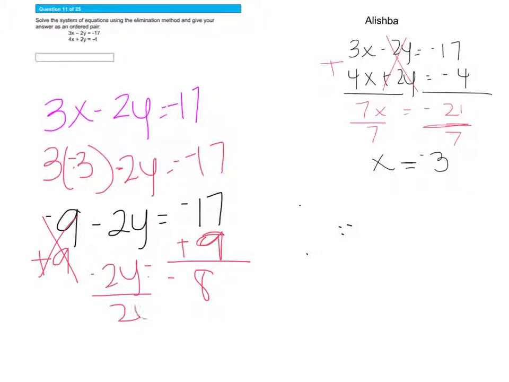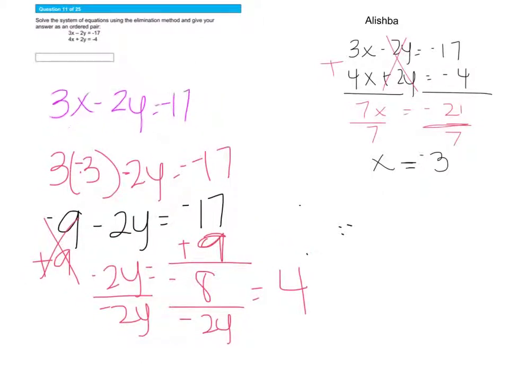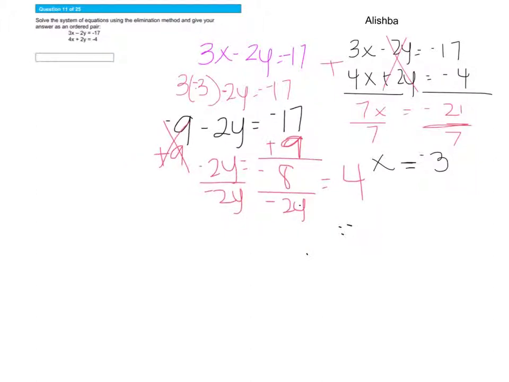Dividing both sides by negative 2, you get y equals 4. So that is your answer for y, and our solution to the problem is 3, negative 4 as an ordered pair.